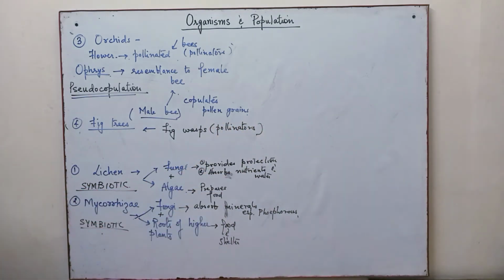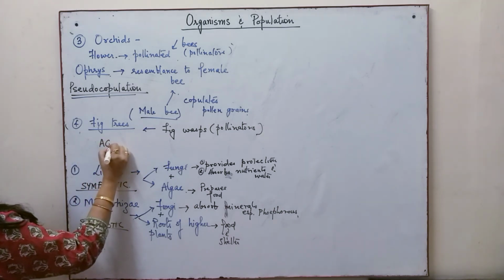Now, these pollinators are again very specific. That is a one-to-one relationship. That is, a specific type of fig tree can only be pollinated by a partner wasp. That means it is only the specific species of wasp that can pollinate that particular fig tree. And almost all the fig trees are pollinated by a very small wasp of the family Agaonidae.